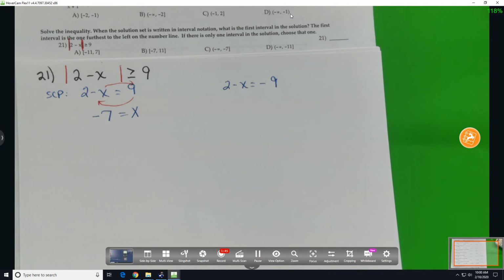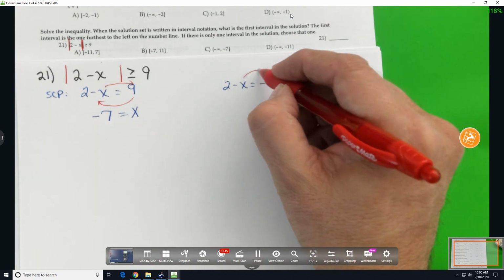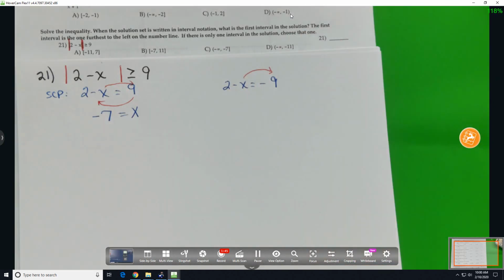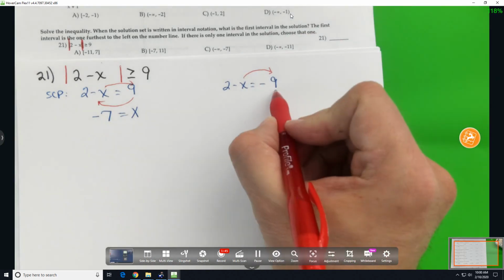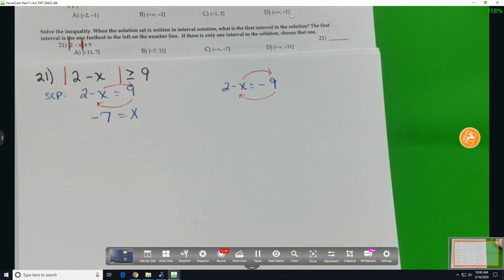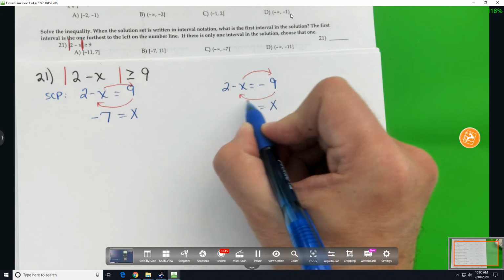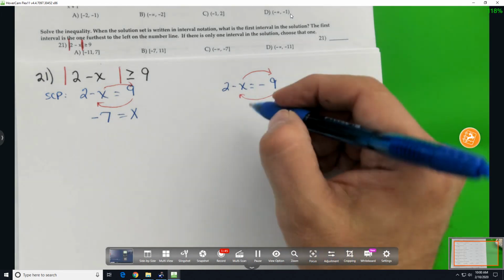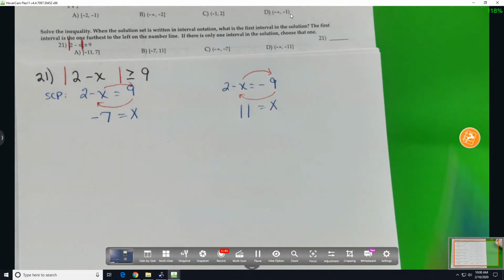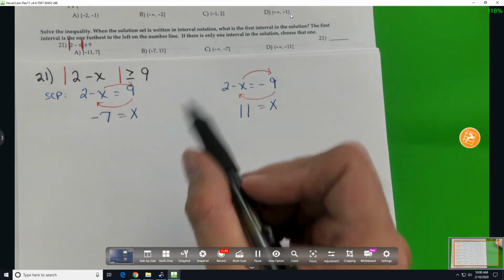I'll do the same thing over here. I'll move the x, and I'll move the 9 by adding 9. So I would get an x on the right, and what number on the left? 11. Open or closed circles? Closed.